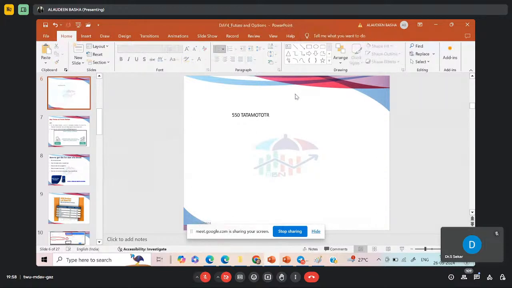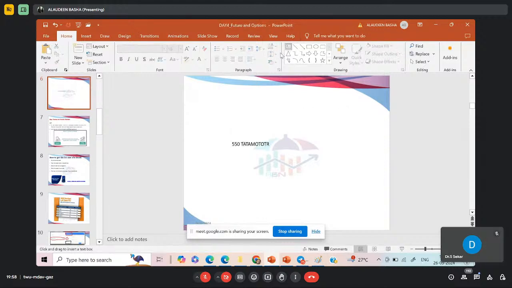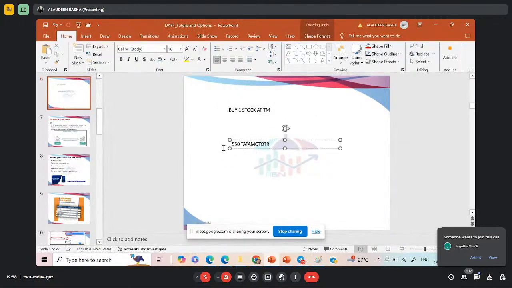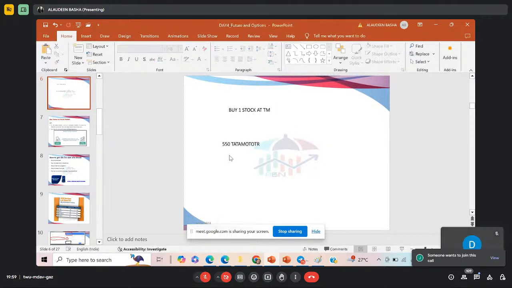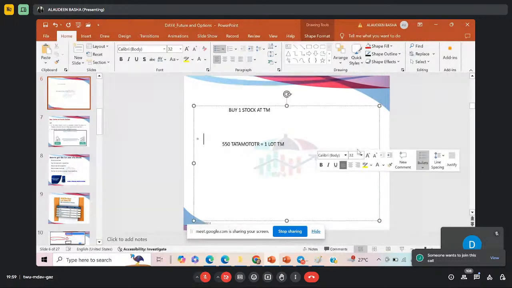So in equity, I can buy a single stock of Tata Motors. But in the futures market, if I wish to buy Tata Motors, how many quantities can I buy? 550. That 550 quantity of Tata Motors is equivalent to one lot of Tata Motors. Got my point?